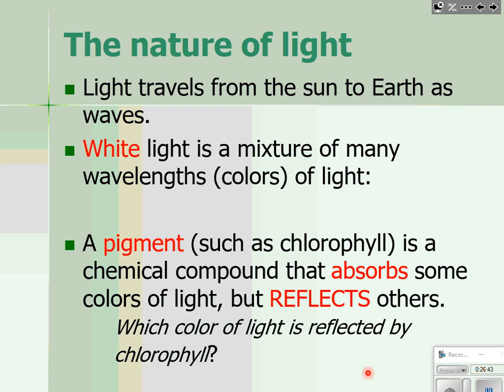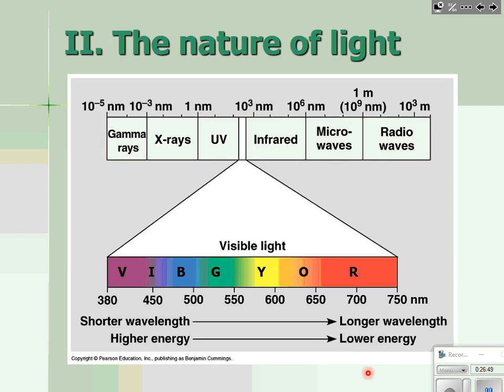And so let's talk about what happens when white light strikes the green chlorophyll of a plant. So first of all, visible light, which is the same thing as white light from the sun, is actually a mixture of different forms of light energy that each have different wavelengths. That's what these numbers are talking about.